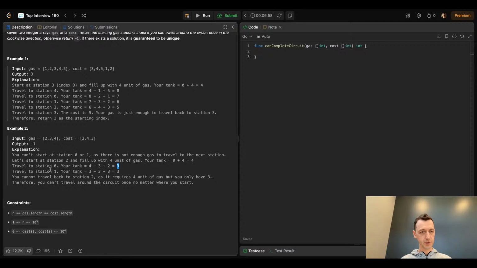You travel to station 1. From 0 to 1 the cost is 3 again, 3 minus 3.